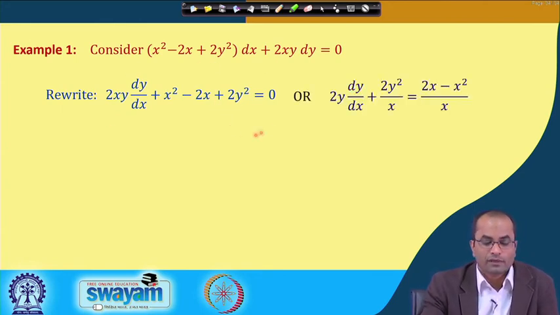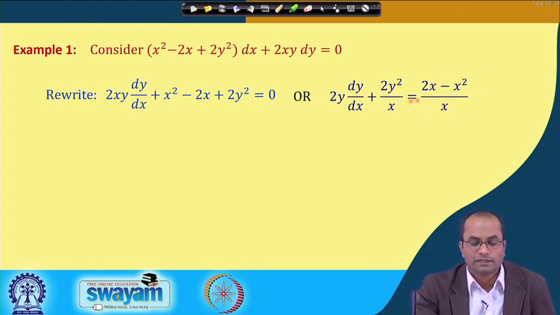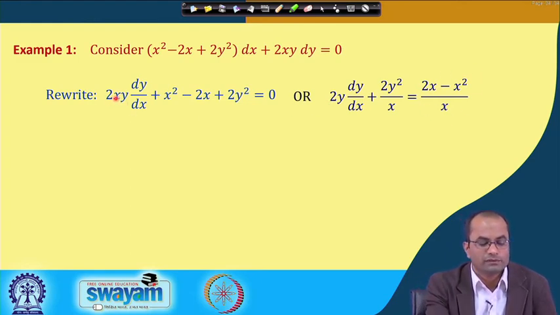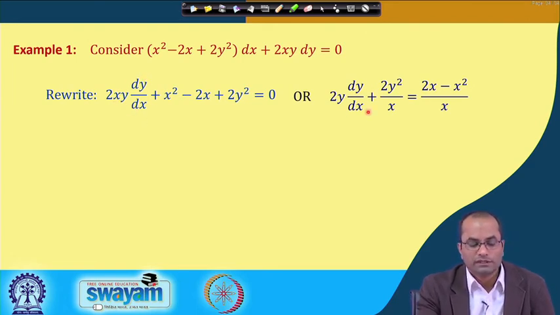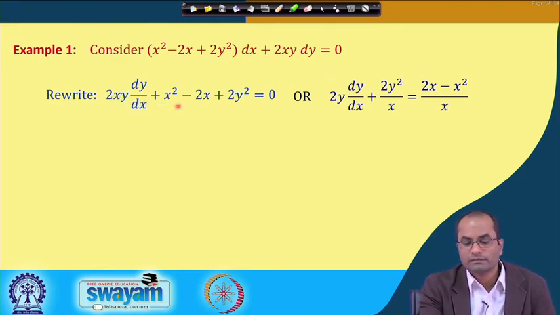Now we can take everything of this x to the right hand side. So, we have actually 2 y, and we divide by x also. So, 2 y dy over dx plus 2 y square over x, which we are dividing. The right hand side goes to 2 x minus x square, and we have divided by x.